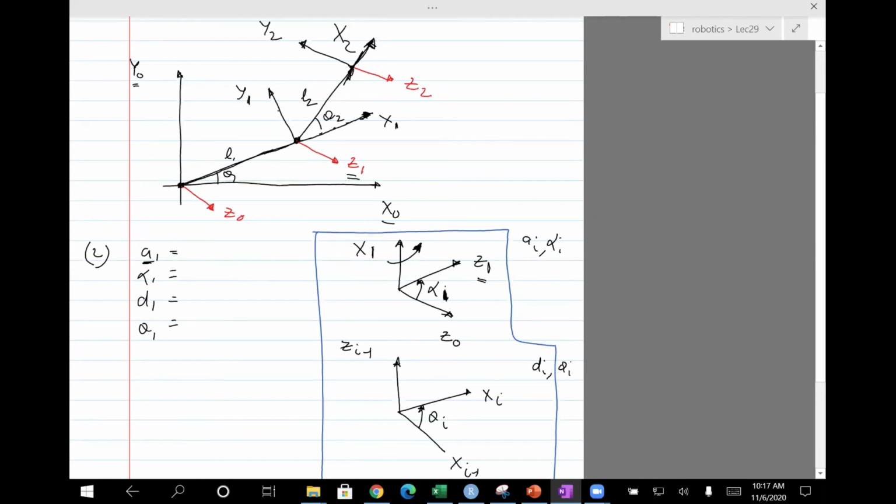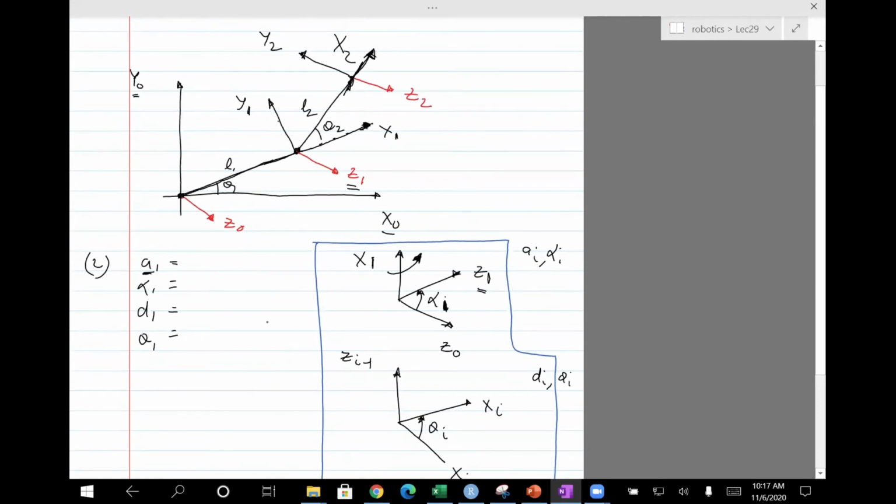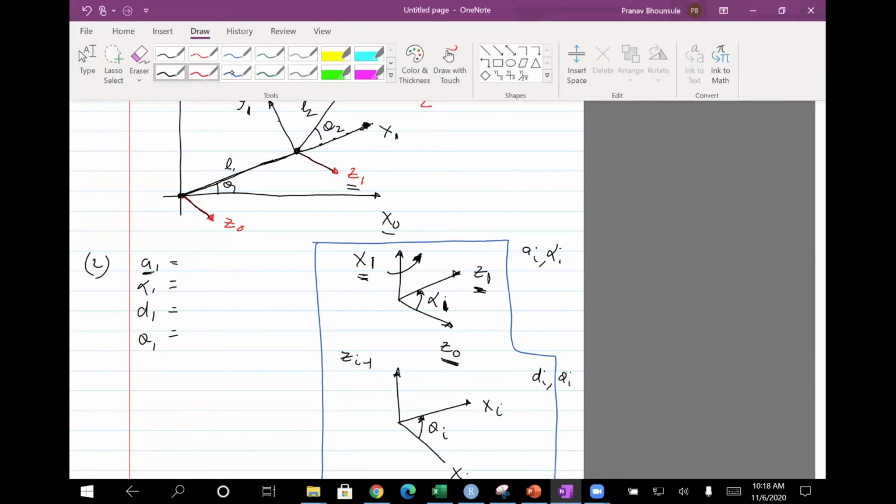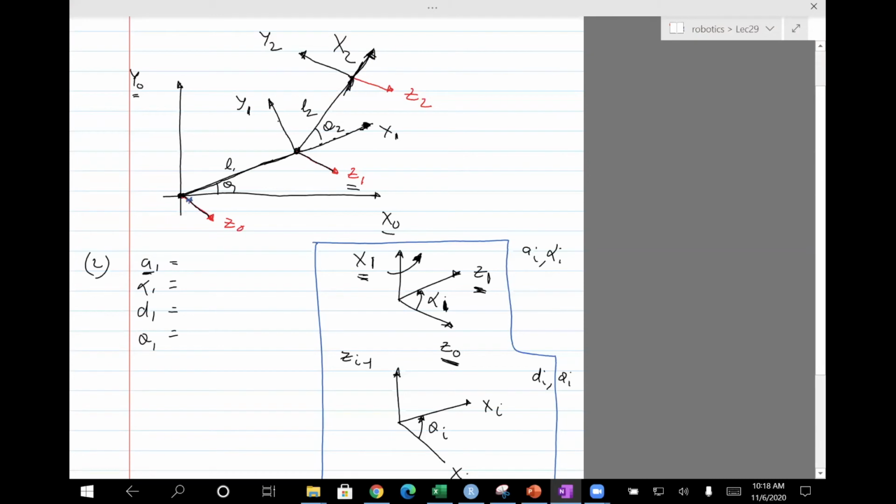Now with that, let's see how we write these numbers. a1 is the distance from z0 to z1 along x1, along this.